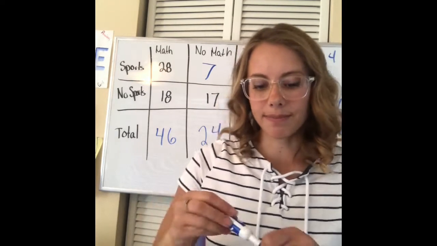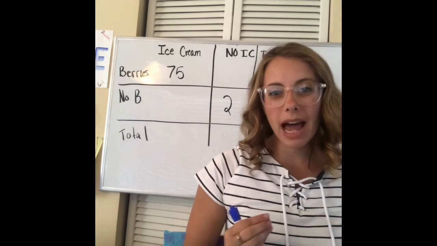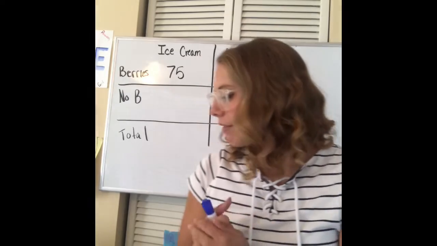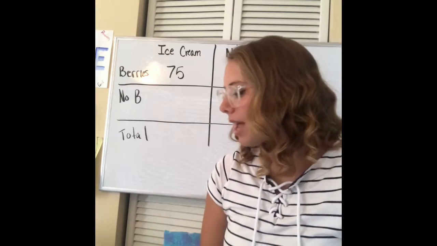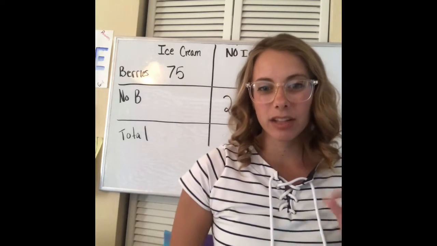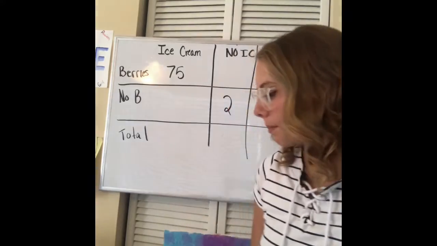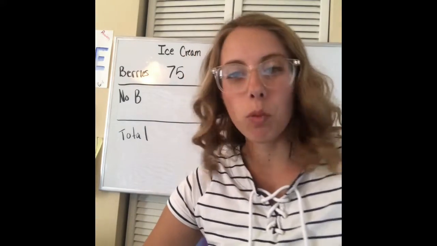Let's move on to number 7. Okay, number 7 is kind of a long question. I pulled out what's important. I said Evan surveyed 100 people, and only 10% of the people he surveyed didn't like strawberries. So that's some important information that I can put in this chart. First things first, he surveyed 100 people.